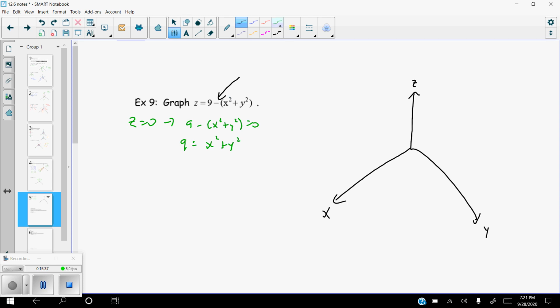Same exact idea. So again, we're not going to sketch everything perfectly here, but we're going to start up where z equals 9 would be, and then this thing's going to come down. And this down here would be your circle of radius 3, not drawn to scale at all, but that is the general idea of what we're looking at there.